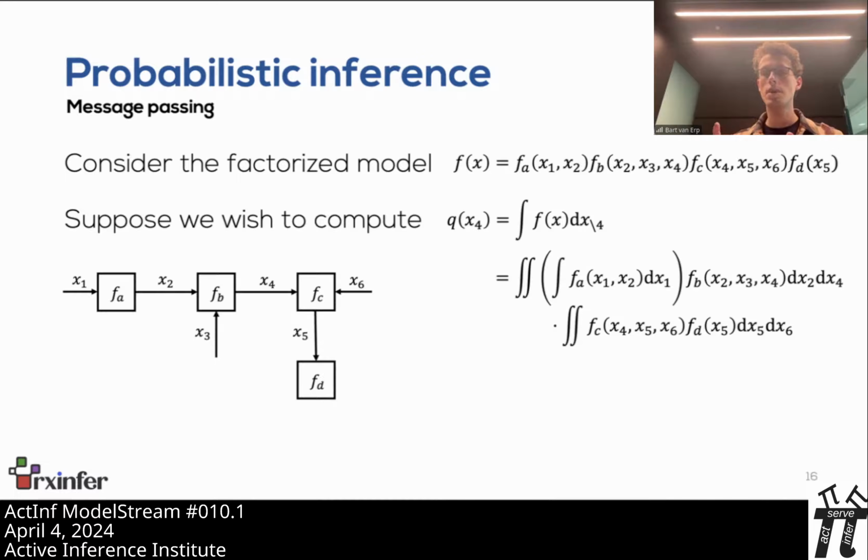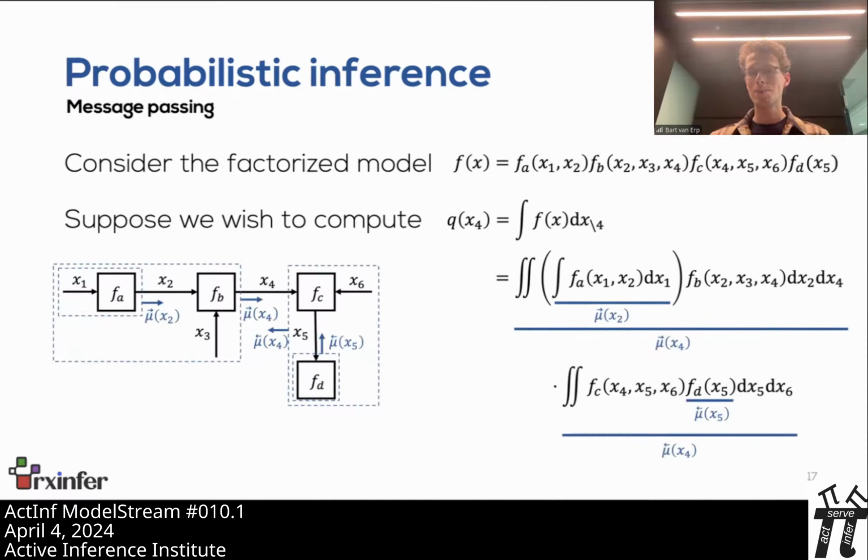So we can split this large integration over the entire model fx into a set of smaller integrals, simply by making use of the distributive property of integration, where we can separate them out and put some parts into brackets. By doing so, this large integration problem reduces into a couple of smaller integration problems, which are more efficient to solve.